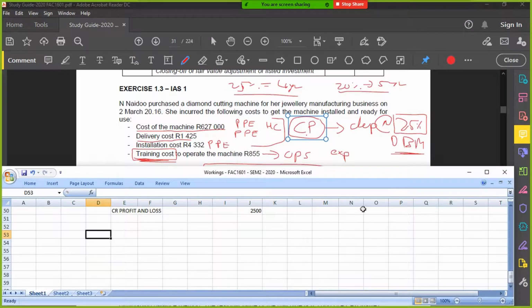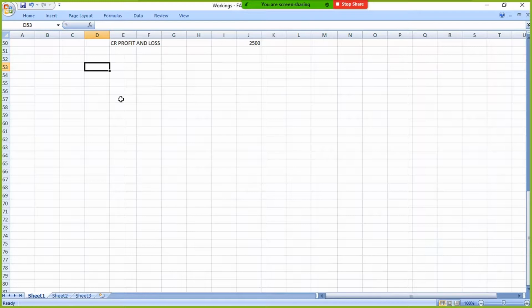How do you go about calculating depreciation? This might help you. This is something I would have shown you in 1502. This is how I do depreciation calculations: cost, depreciation, accumulated depreciation, carrying value.